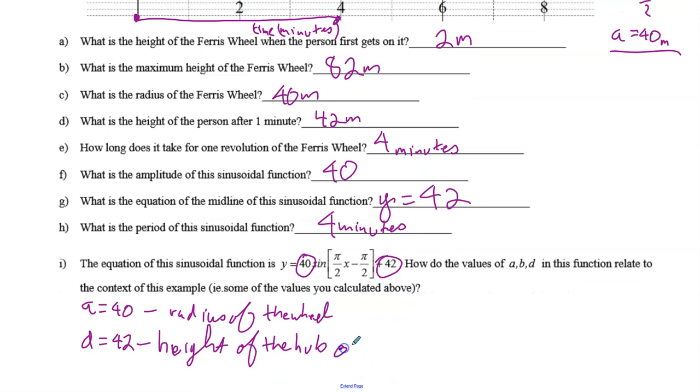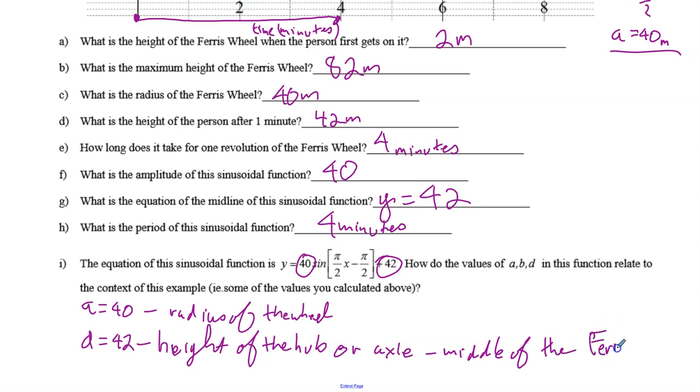Right, so you think about a wheel or an axle. If you've seen a bicycle wheel, you've got that little axle in the middle, or on your car tire, the wheel goes on the axle. That's the height of the axle, the hub or the axle, right? So it's the middle of the wheel. Of the Ferris wheel in this case.